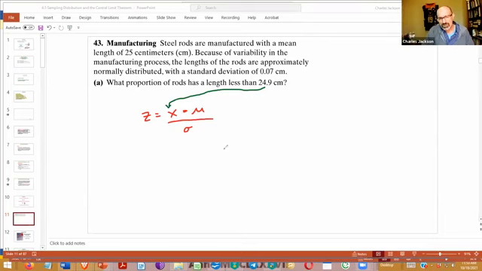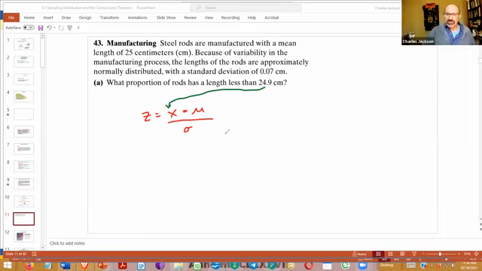You get a z-score, and then you go to probably the tech to get an area which will represent the proportion that we're after, which, by the way, is also a probability.